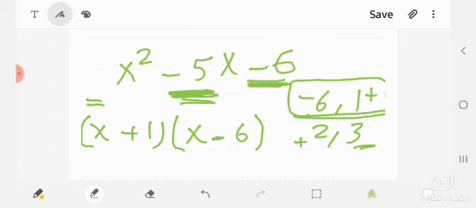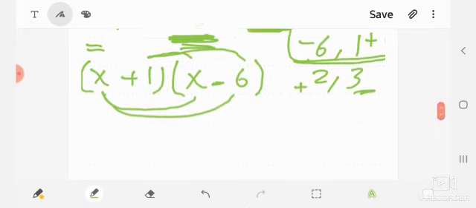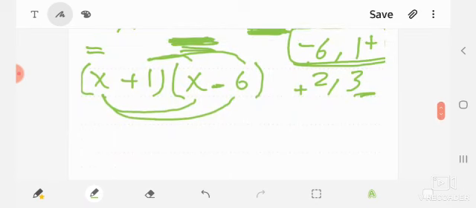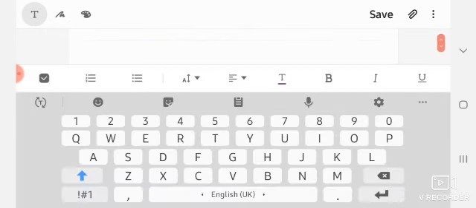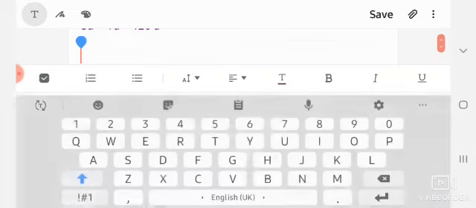Then if we look at it, x times x is x squared, then minus 6x plus x gives us minus 5x, which is the middle term. Then 1 times minus 6 gives us the third term. So this is the solution of this example. Okay, let's move to a new example.